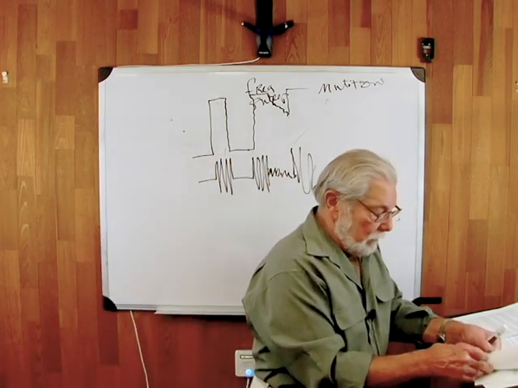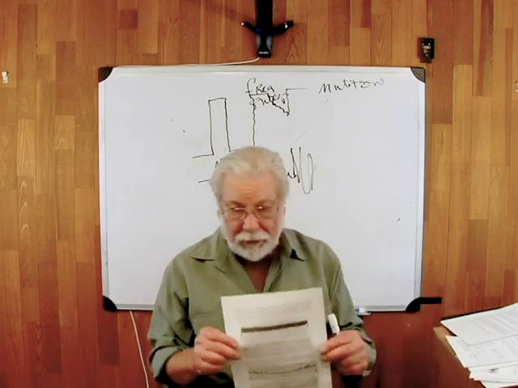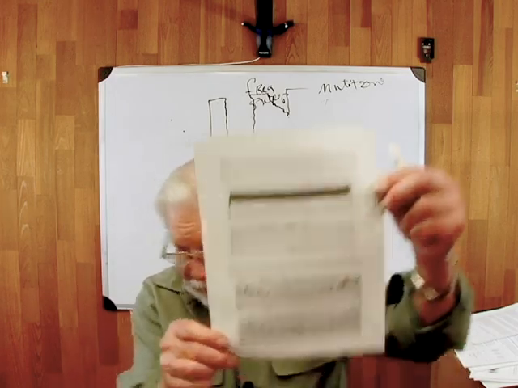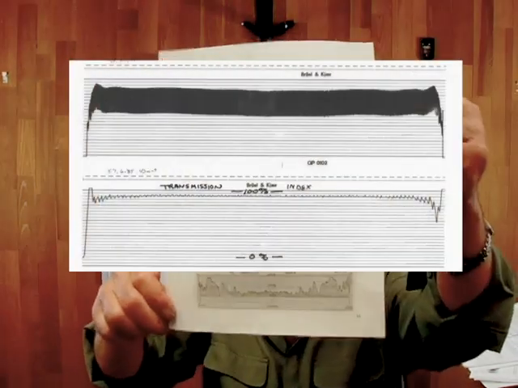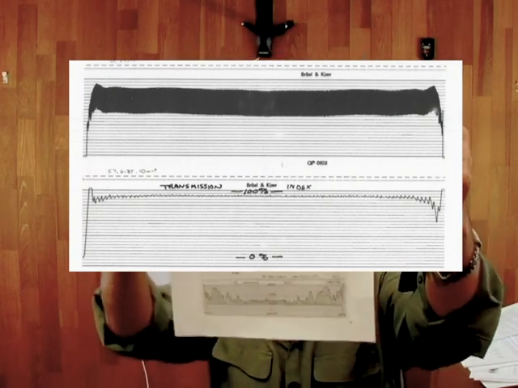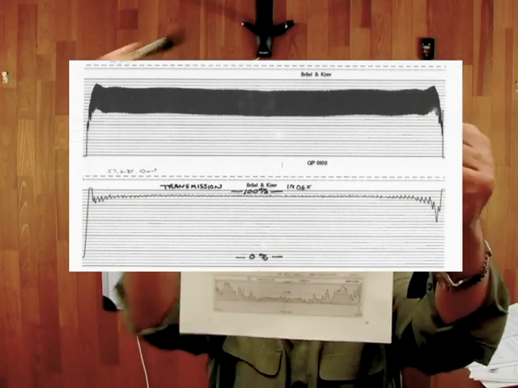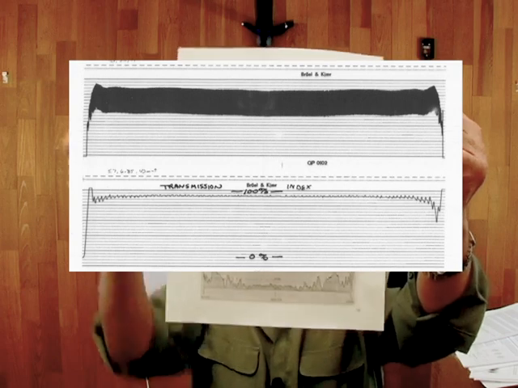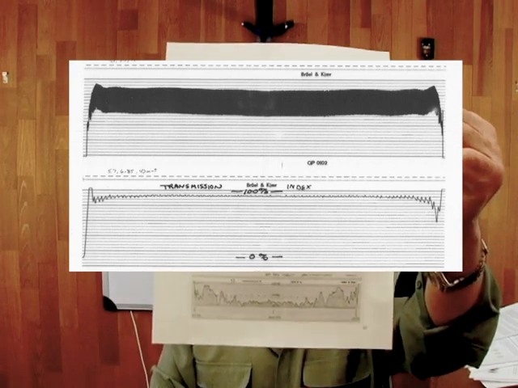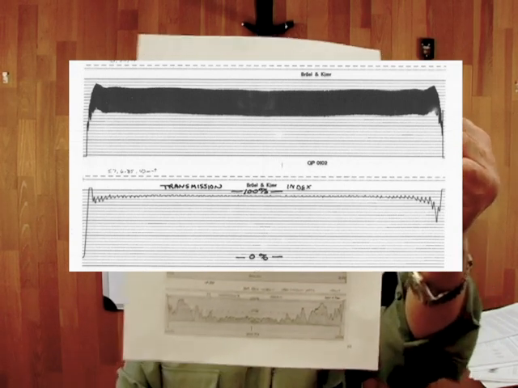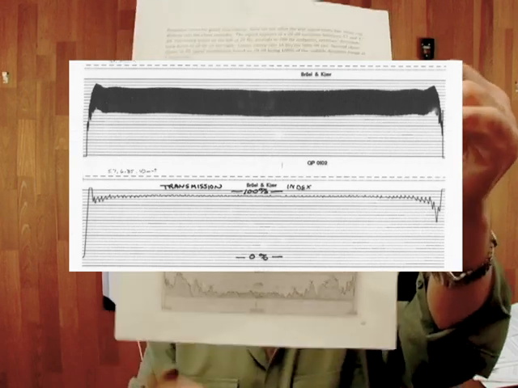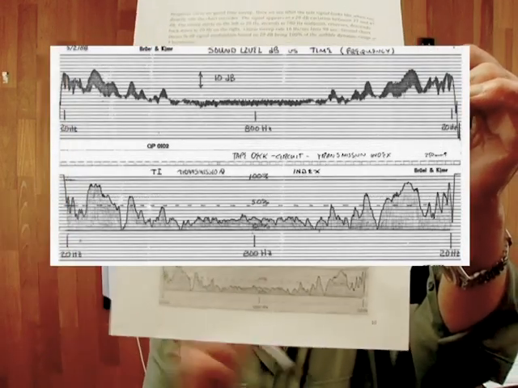Here's an example made by a strip chart recorder a long time ago. The upper curve is the actual electronic signal applied, essentially what comes out of the loudspeaker. This is in an empty room.